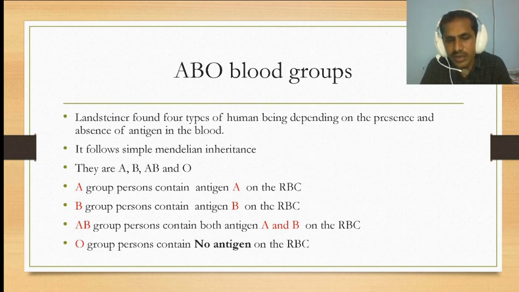A group persons contain A antigen on the RBC. B group persons contain antigen B on the RBC. AB group persons contain both antigen A and B. O group persons contain no antigen on the RBC.